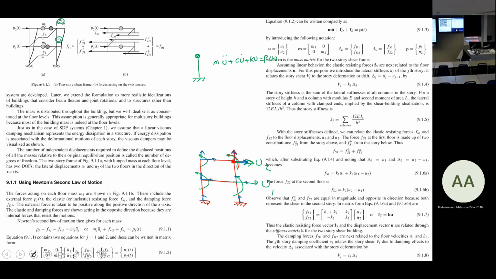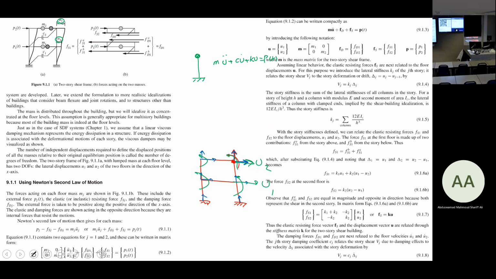Dot means the derivative with respect to time, because we don't have X in this problem. Everything is a function of time. So U is a function of time, and so are U dot and U double dot. The convention in this book is you don't use prime or something like that.